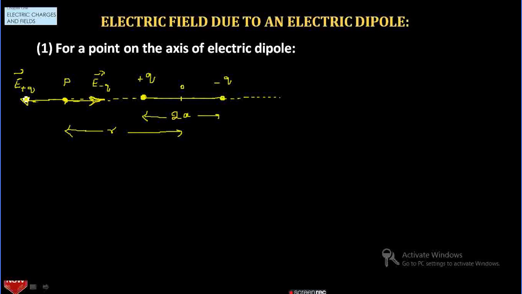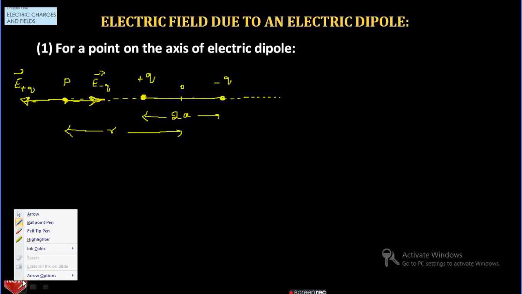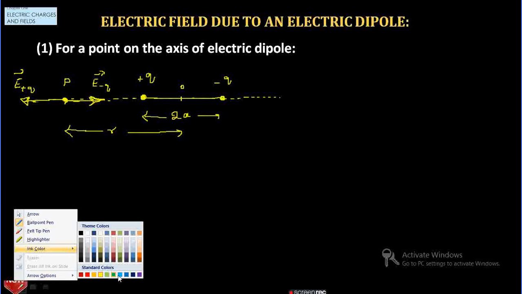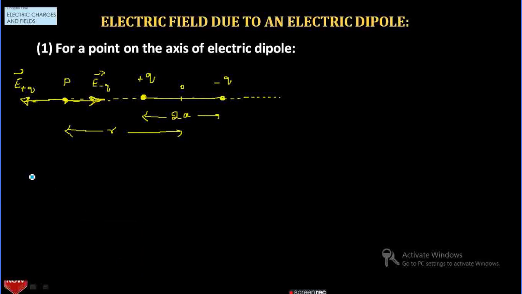So now we have to find out what is the E plus Q and what is the E minus Q. E plus Q is the electric field produced by the point charges plus Q. Okay, at P, let us go for the derivation. At P, electric field due to plus Q charge at a distance.